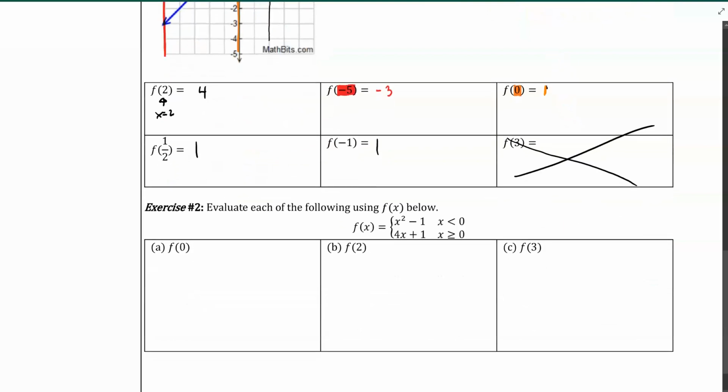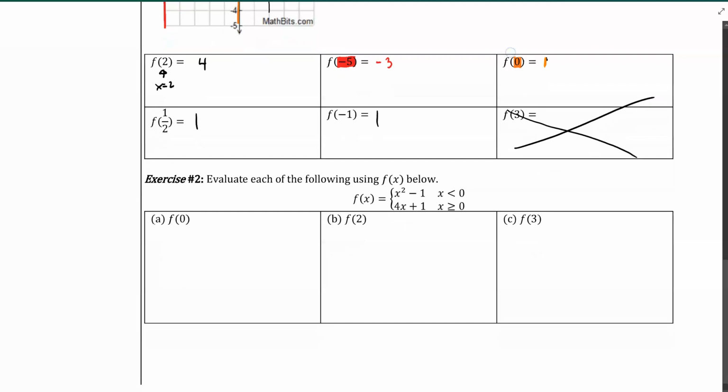Okay. Now for exercise 2, instead of giving you the graph, I have given you the piecewise function, and I'm asking you to evaluate using that. So I'm going to highlight the top equation in red and the bottom equation in blue. So we'll use the top equation whenever x is a number strictly smaller than 0.